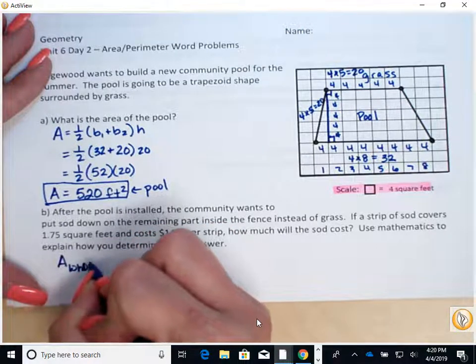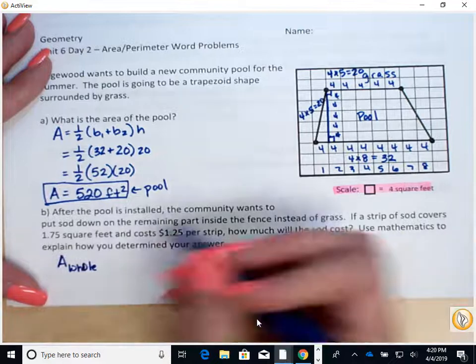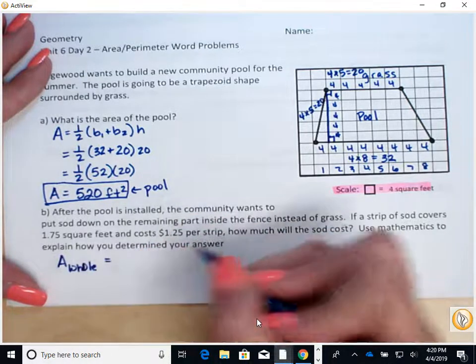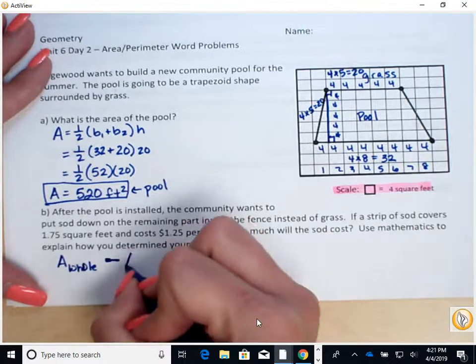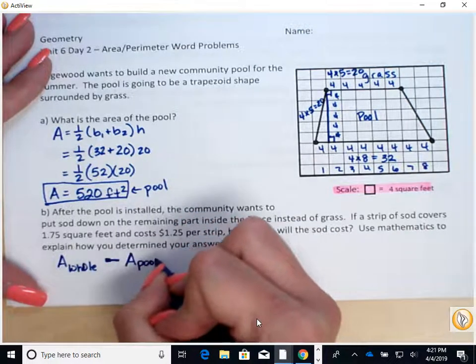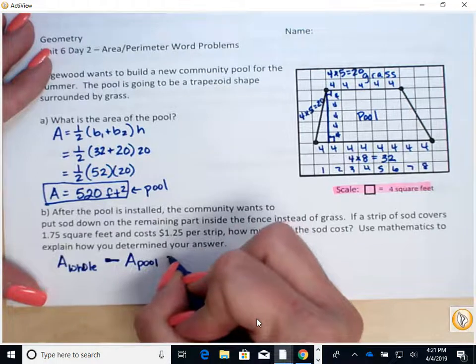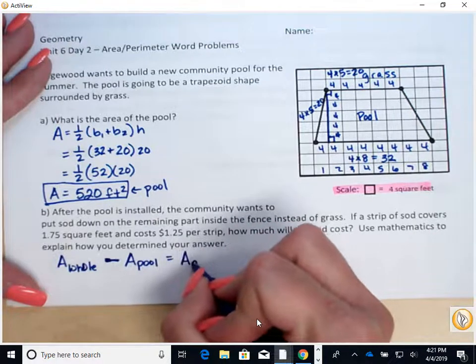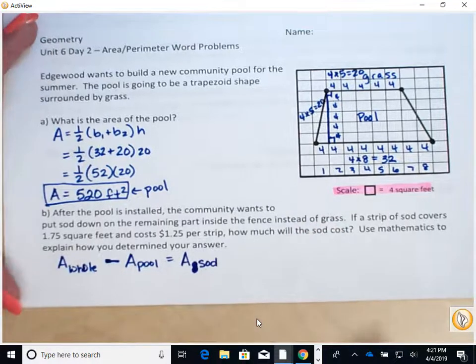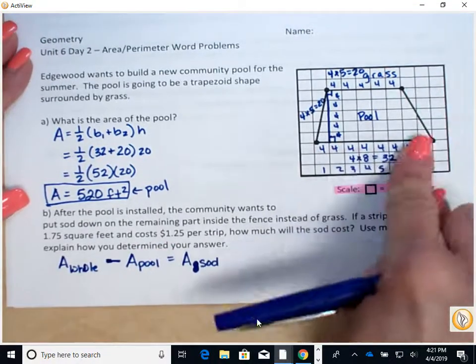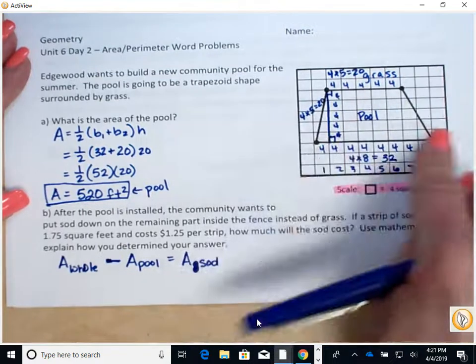This A represents the area of the whole space, minus the area of the pool, and that will give us the area for the sod. So the area of the whole space minus the area of the pool leaves me the area that I need to sod.